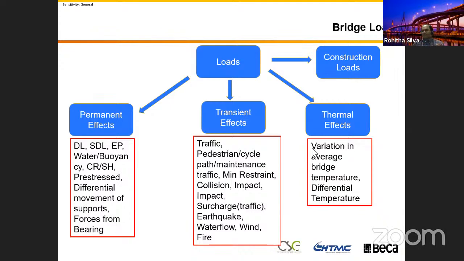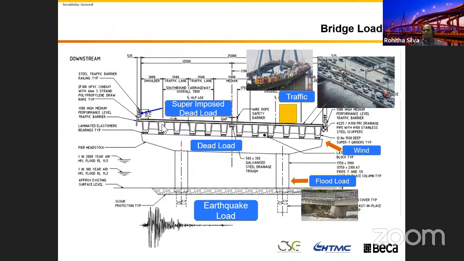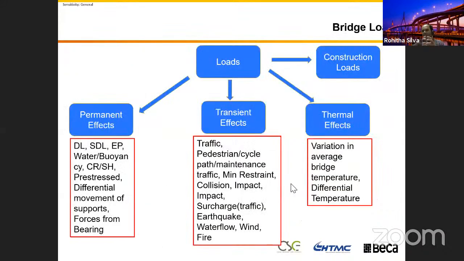For example, this Super T bridge we build with a closed cell, inside temperature and outside temperature over the years have a significant change, and the average bridge temperature will change. Because of that, there is a significant average bridge temperature variation within the bridge length and the cross section. So you need to design for them. So these are the three main elements we design a bridge for.